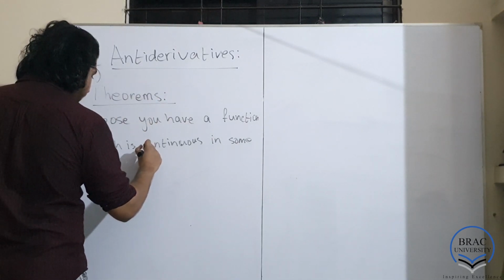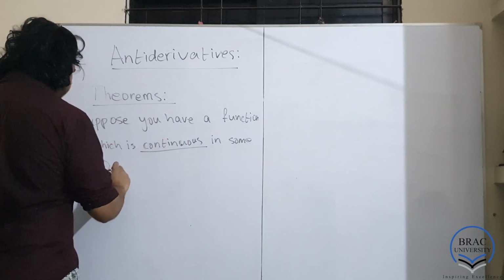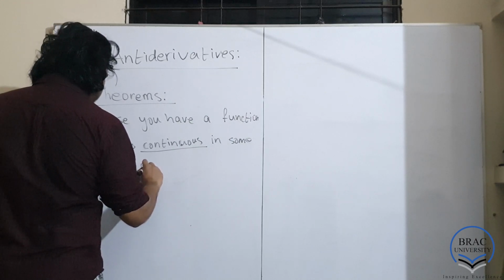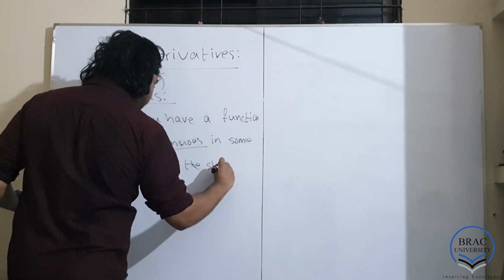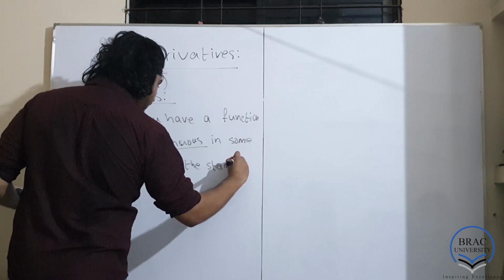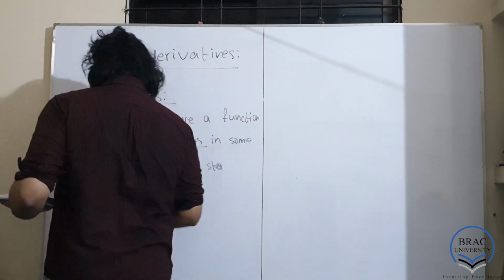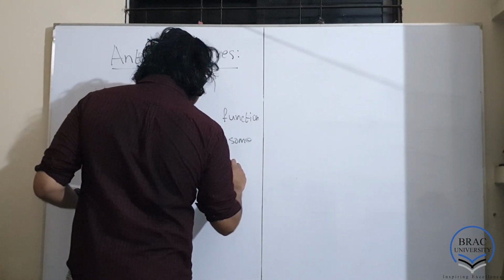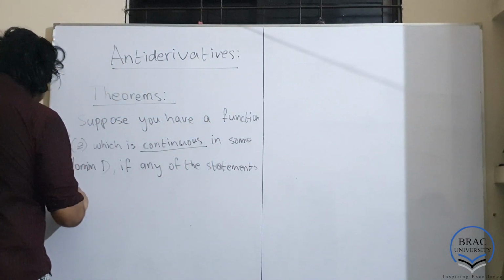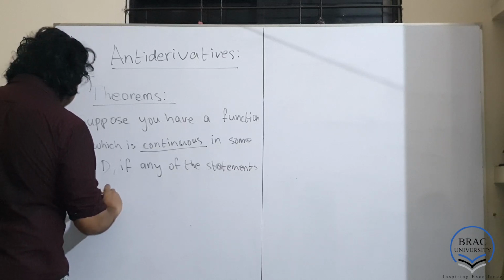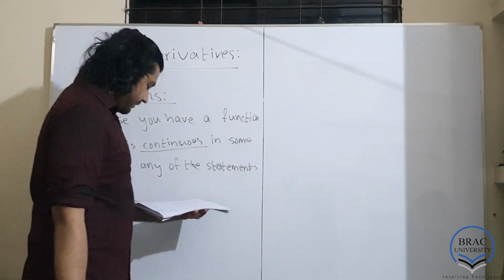Continuous is the key word here. Your function has to be continuous in your domain D. Then, if any of the statements are met, then you can use the trick of calculating using the antiderivative.